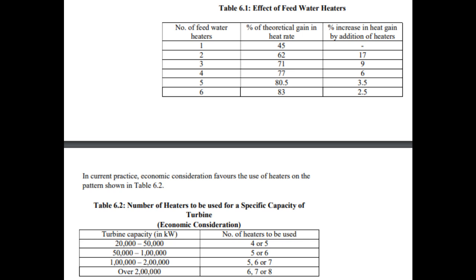In actual practice, however, several factors contribute to reduce the gain in efficiency.